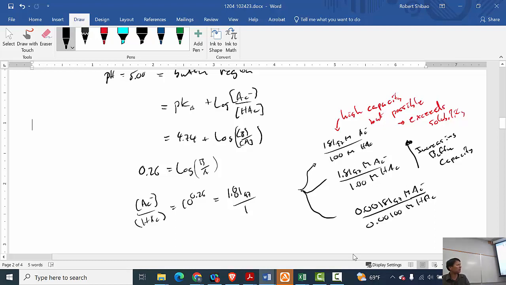There's going to be a limit: the solubility is going to limit how much you can increase the capacity by. But if you buy an overly dilute buffer, it's not going to be very effective because we're going to exceed the buffering capacity of this particular buffer. Well, anyway, we need to get this ratio here. So how can we get this ratio?